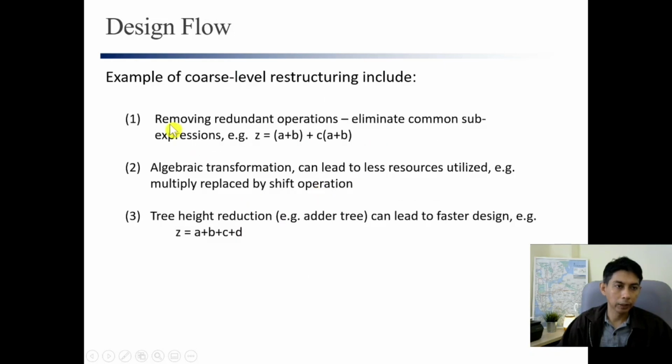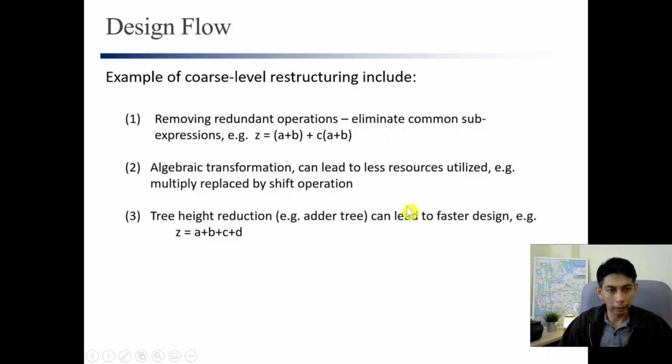Now let's look at the first flow, the cost level restructuring. What is that? There are three. The first one is to remove the redundant operation, or what we call eliminate common subexpression.